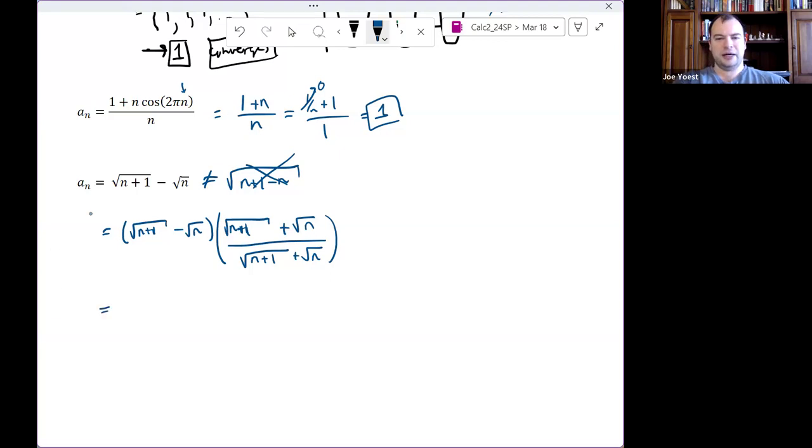In the numerator, I have a difference of 2 squares. So I get n plus 1 plus the product of the two different roots minus that same product. Those go away. And then I have minus root n times root n is n over my denominator.